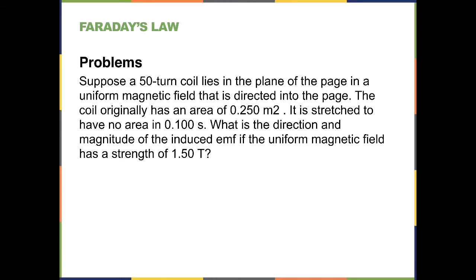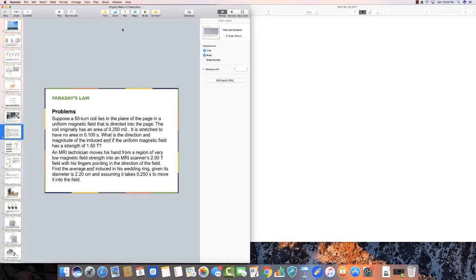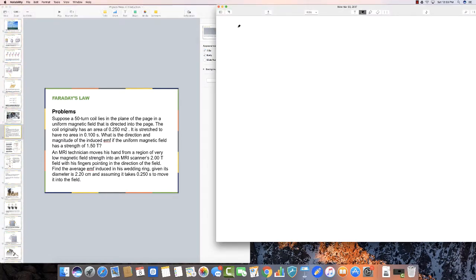What is the direction and magnitude of the induced EMF if the uniform magnetic field has a strength of 1.5 Tesla? Let's do the calculation first. That's actually the easiest part here. First of all, we said that EMF is equal to N times the change in flux over the change in time.